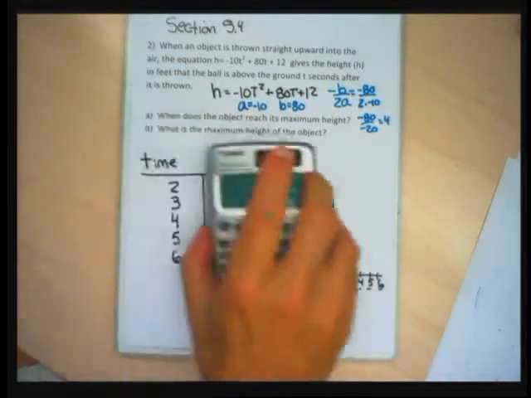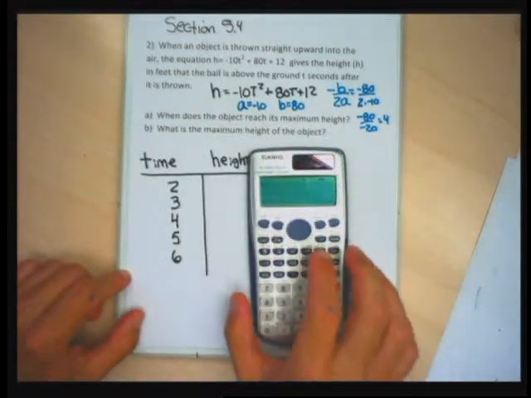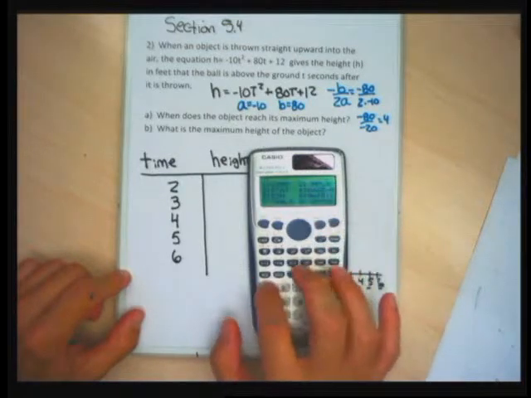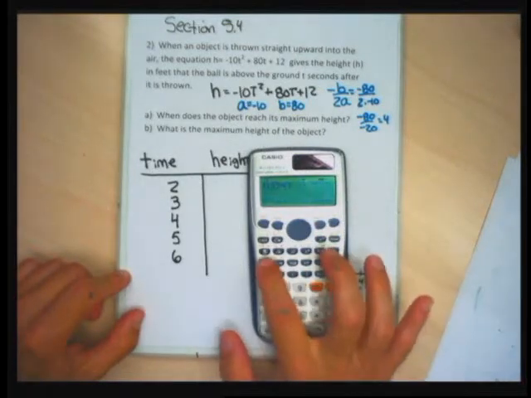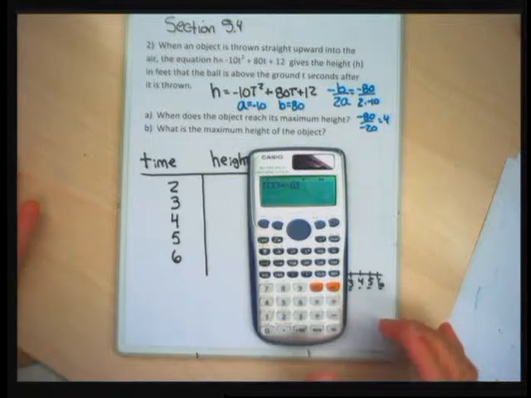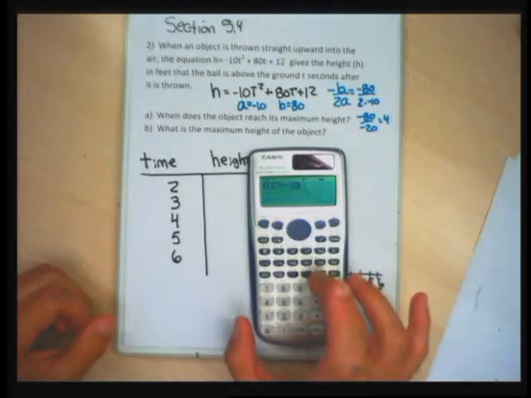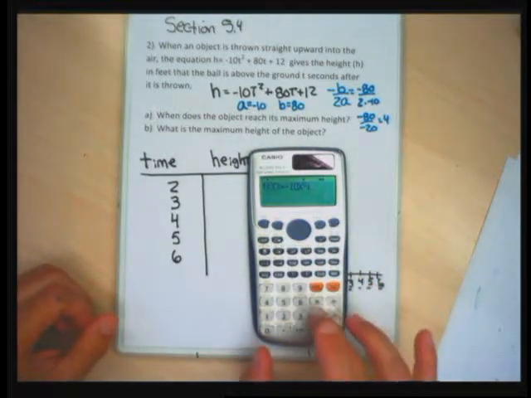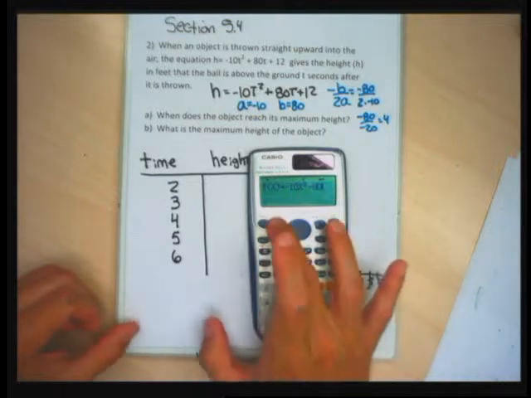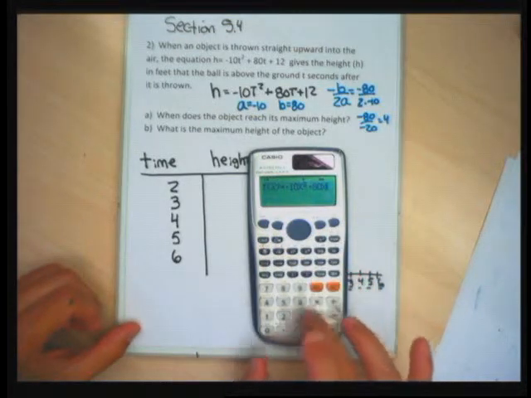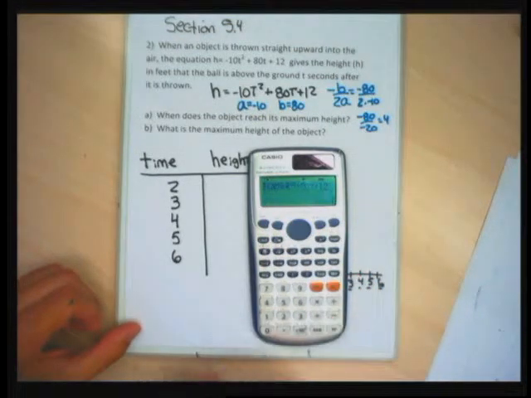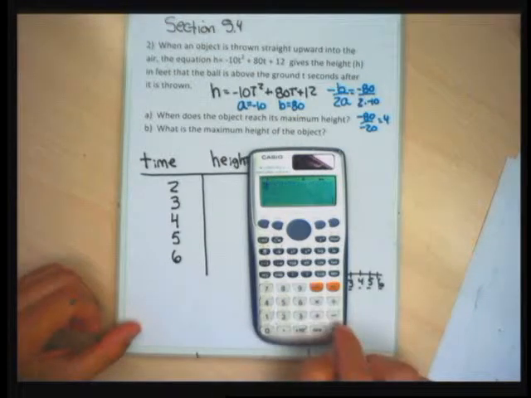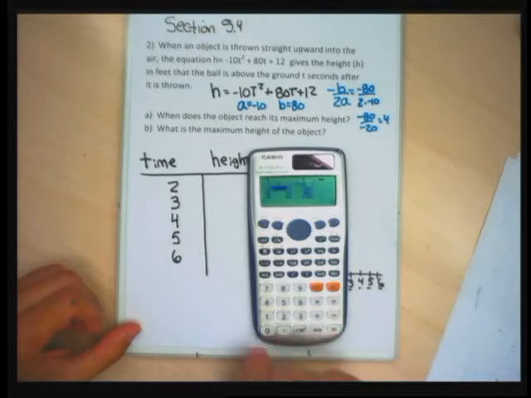Let me fill in the y's. So I'm going to go mode 7 and then negative 10x squared plus 80x plus 12. Start at 2, end at 6, step 1.